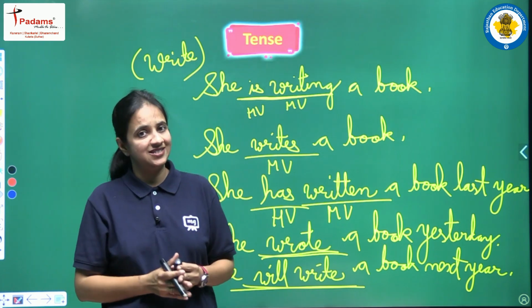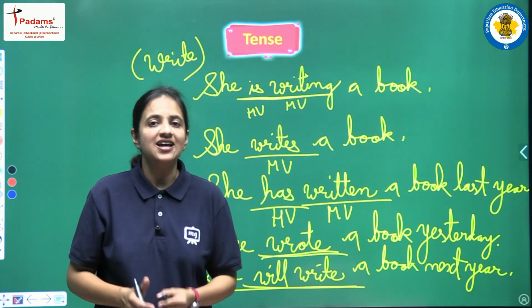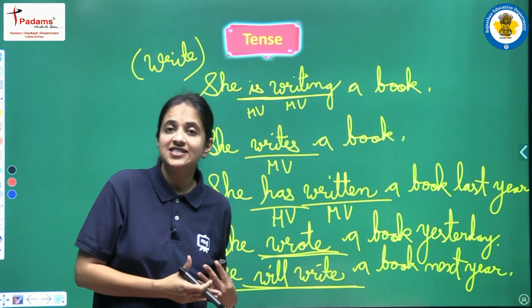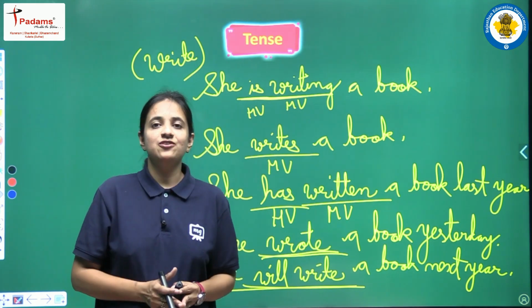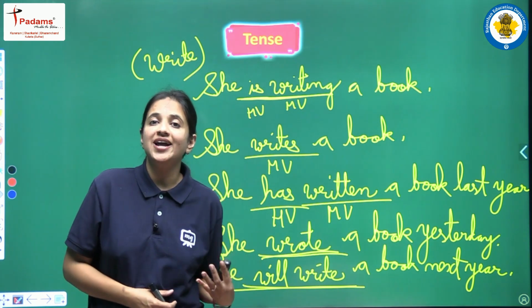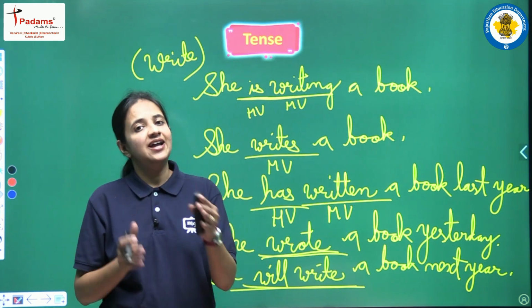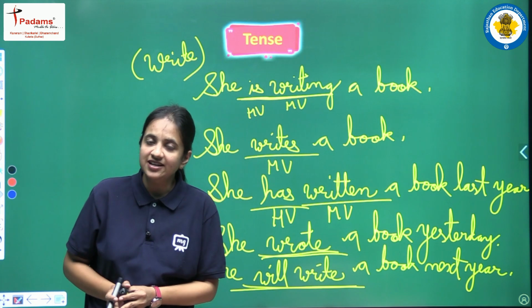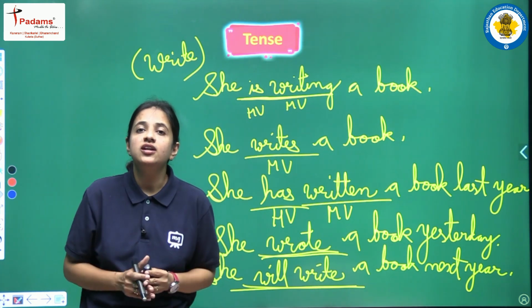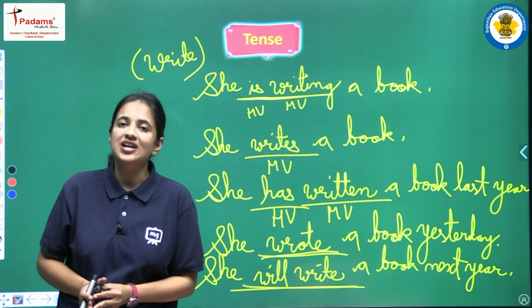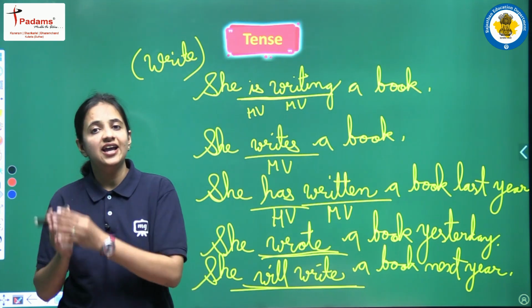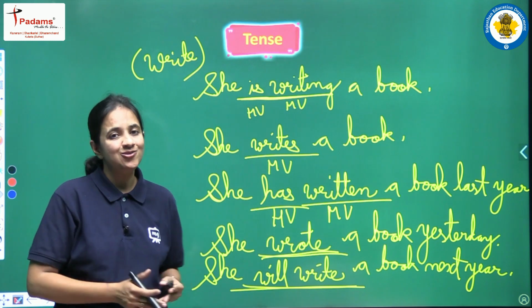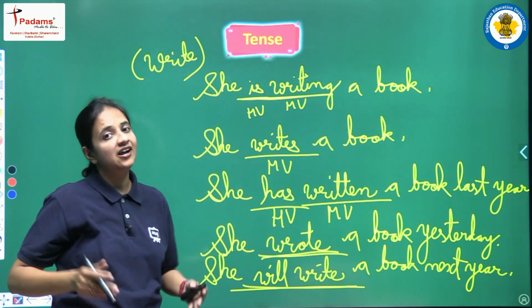Because the simple answer is that all these sentences are related with different tenses. So this is the thing that we have to learn, this is the thing that we have to observe, that how to identify the tense first of all that is used in any of the sentences, and then we have to learn the basic rules. We have to learn about the helping verb and main verb of that tense, and then according to all rules we have to write our proper answer, our correct answer.